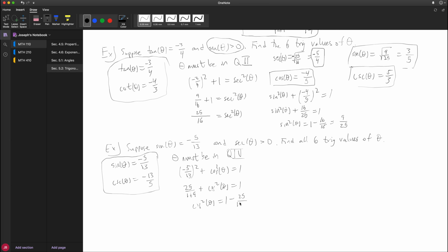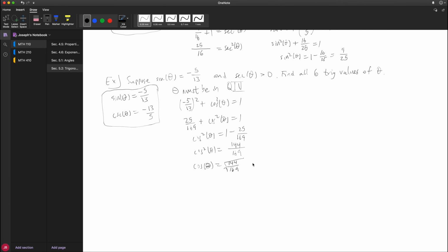And so what we get is cos squared theta equals 144 over 169. Okay, and so then cosine theta is the square root of that. But it either has to be the positive or negative square root. But remember, theta must be in quadrant 4, where cosine is positive. So this is the positive square root.